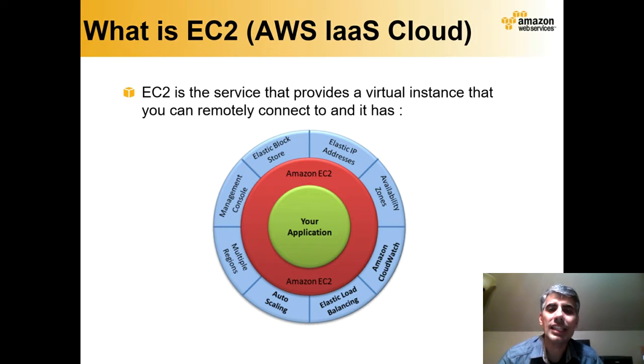So here you can see that they sell you an Elastic IP address. With Elastic Block Storage, they sell us storage for our virtual machine. Amazon CloudWatch is another service that enables you to monitor the performance of your virtual machine. Elastic Load Balancing, Auto Scaling, and many other services are around this central component of Amazon Cloud.